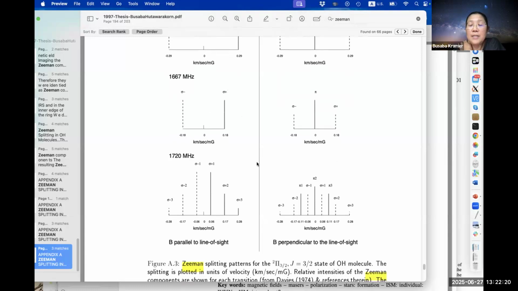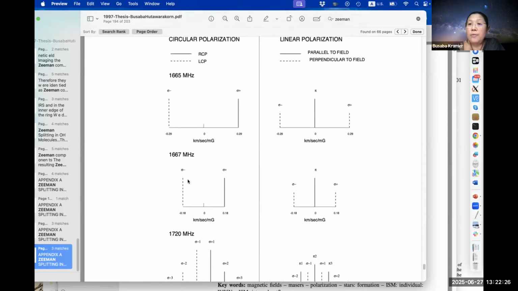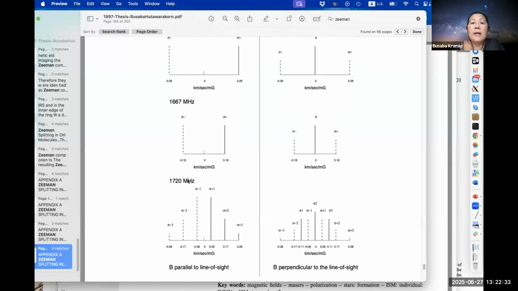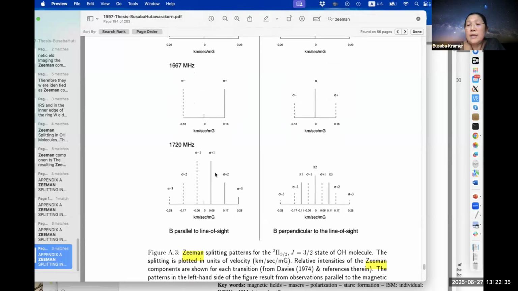And of course, in the 1720, if you can, because often in the star forming region, we can detect those three lines together. Most of the sources, I think, are different in the late type star. However, in 1720, the splitting is more complex.